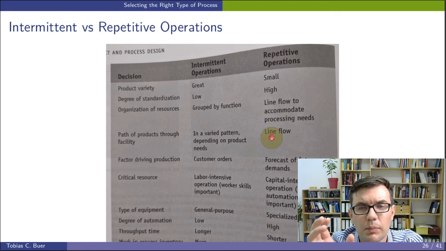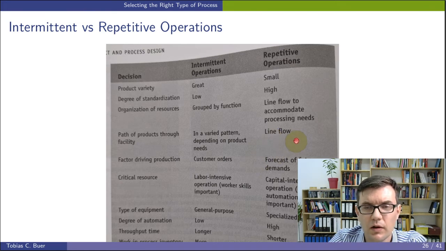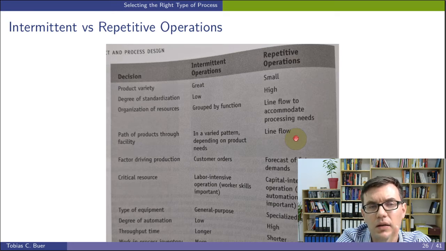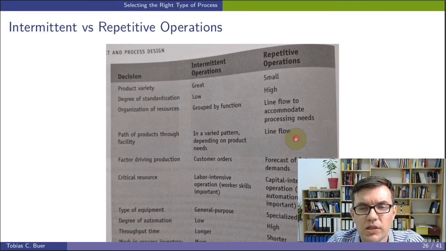This is an example for intermittent operations, and every patient visits the different stations in the hospital in a different pattern. While for the line flow in the beverage example, the Coca-Cola bottles, the bottle visits all the machines always in the same sequence.